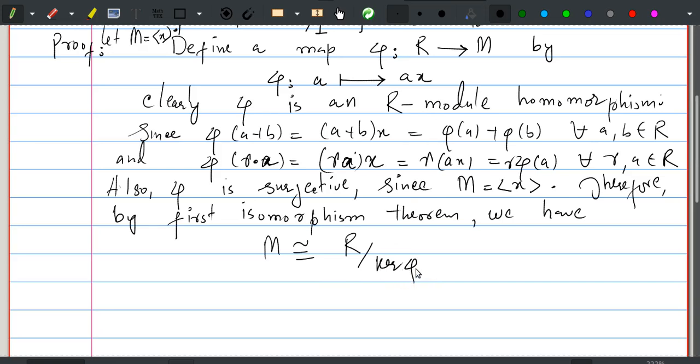Now kernel of phi is indeed an ideal in R. So take I equal to kernel of phi. So we are through.